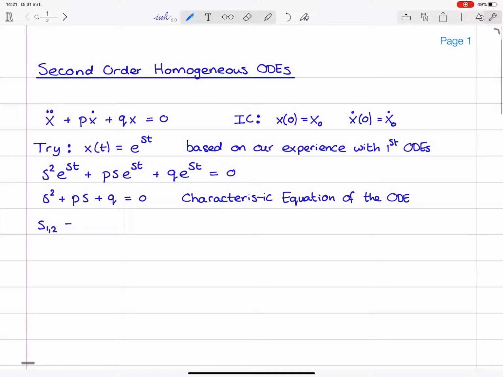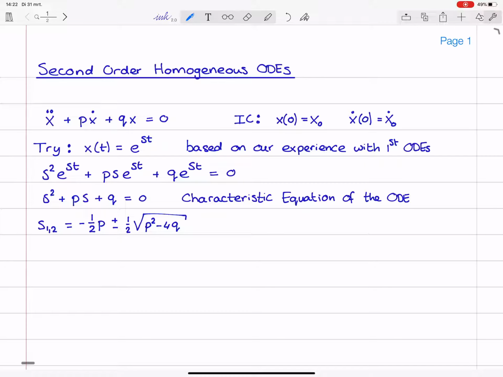Now, since this is a quadratic equation, there will be two solutions for s. Let me call them s1 and s2. And they can be solved using the quadratic formula. So we have minus a half p plus or minus a half times the square root of p squared minus 4q. So indeed this produces two solutions for s, two roots of the characteristic equation.